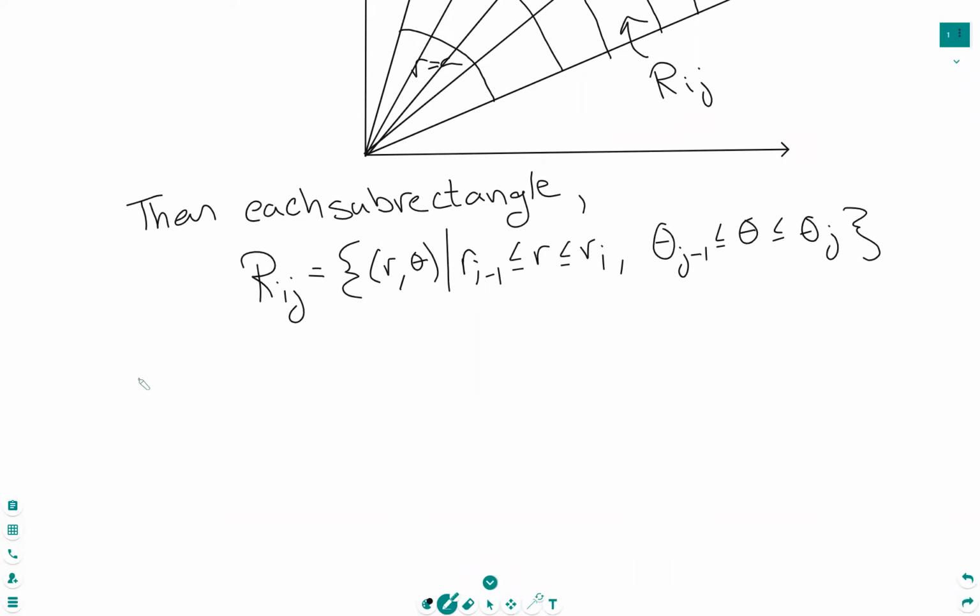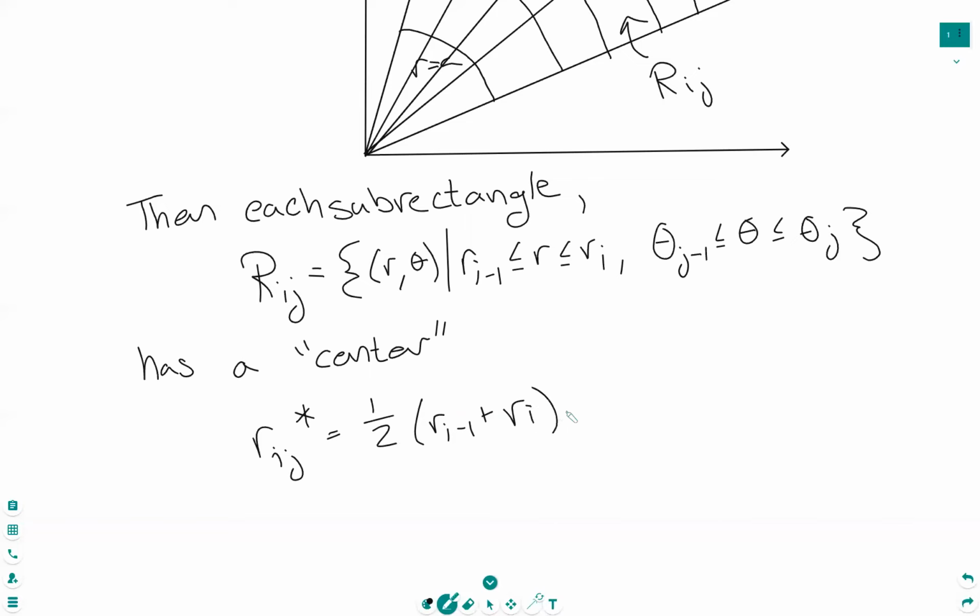What we're going to do is each of these sub-rectangles has a center that we'll call Rij star, which is 1/2 (Ri minus 1 plus Ri), and a theta ij star that is 1/2 (theta j minus 1 plus theta j).